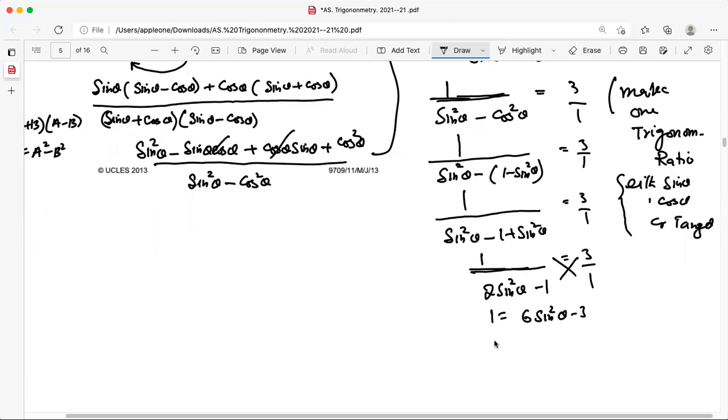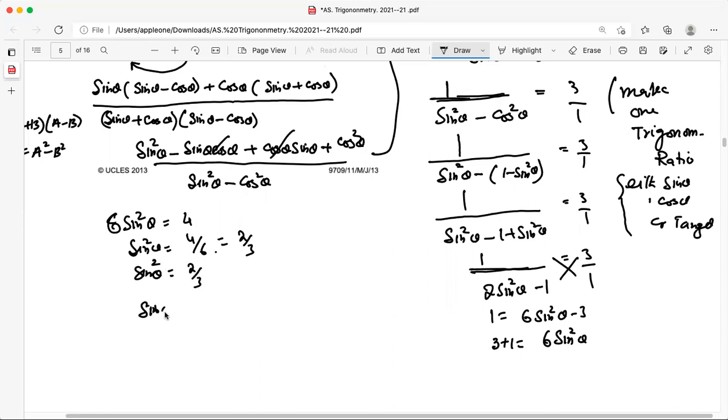Now 3 comes here, 3 plus 1 is equal to 6 sine square theta, so 6 sine square theta is equal to 4, and sine square theta is equal to 4 upon 6, which is 2 upon 3. So sine square theta is 2 upon 3, and sine theta is plus minus root of 2 upon 3.